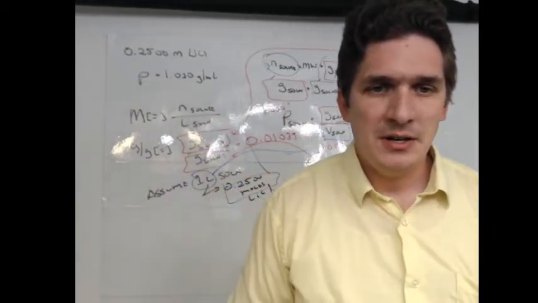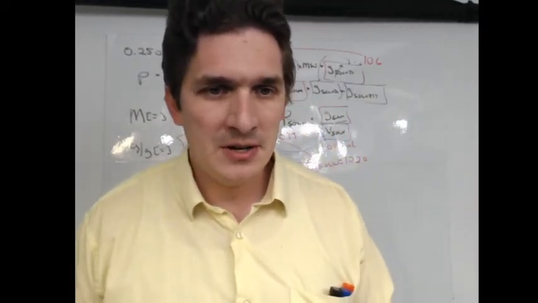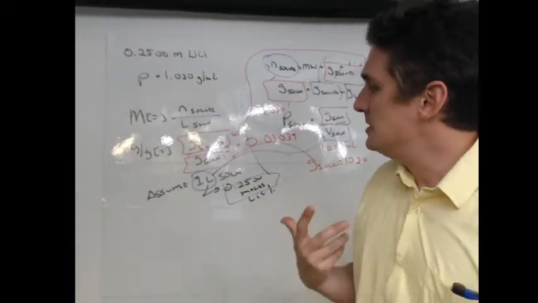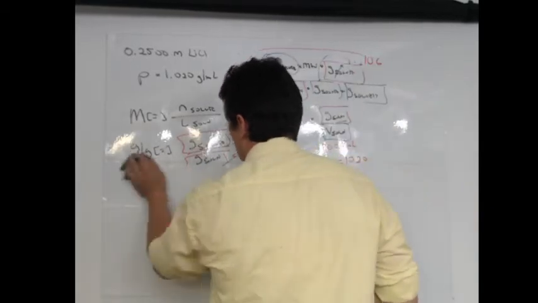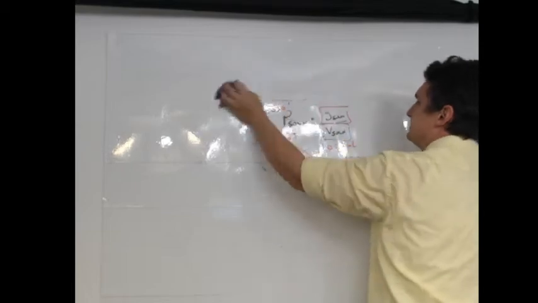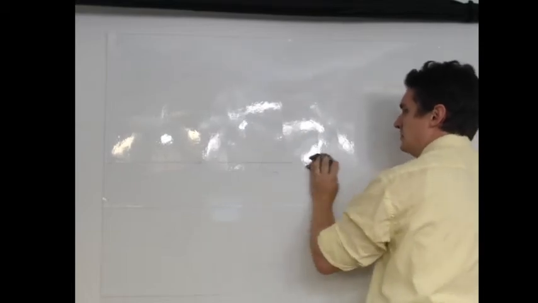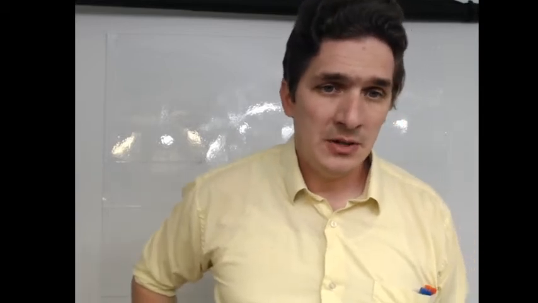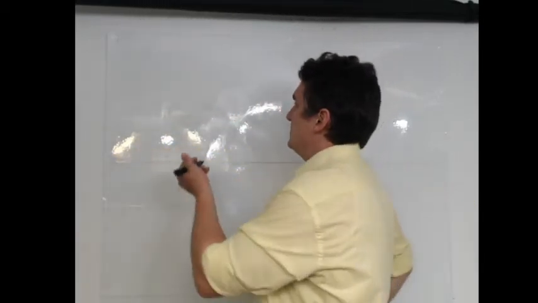How do you find molality from a given freezing point depression, van 't Hoff factor, the solvent's name, mass of solvent, and mass of solute? You would just rearrange the formula.